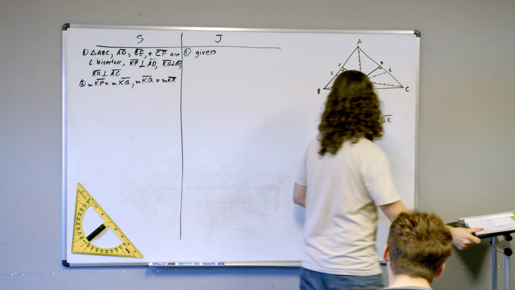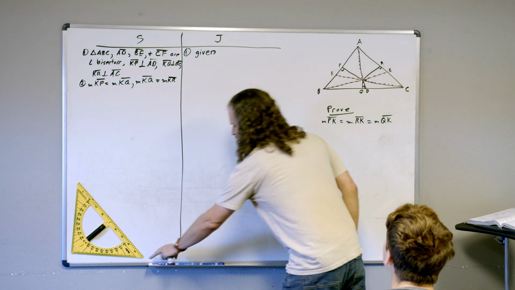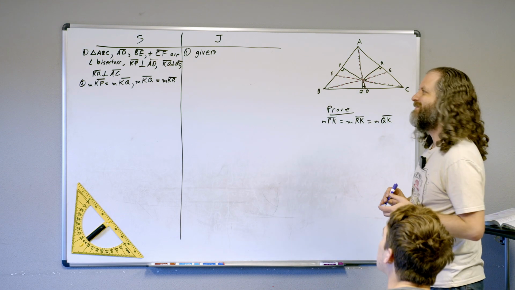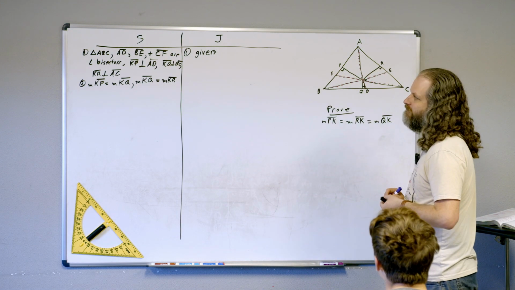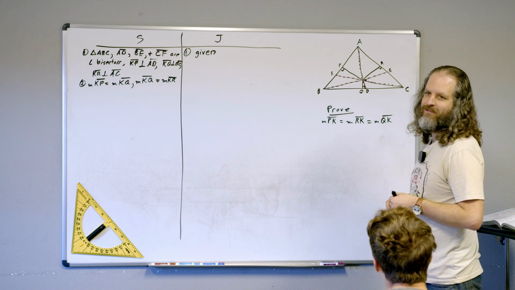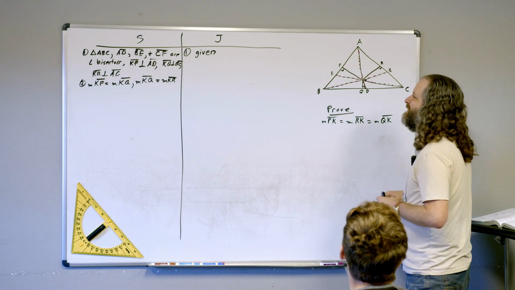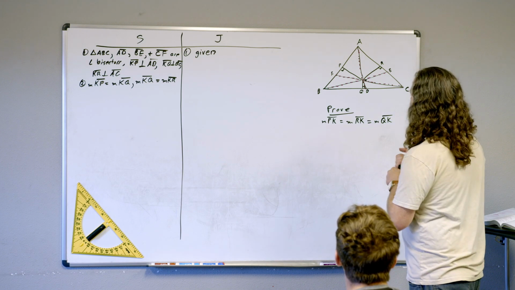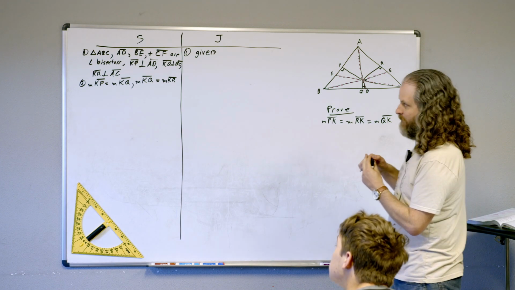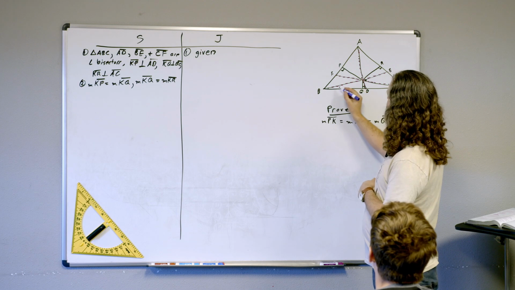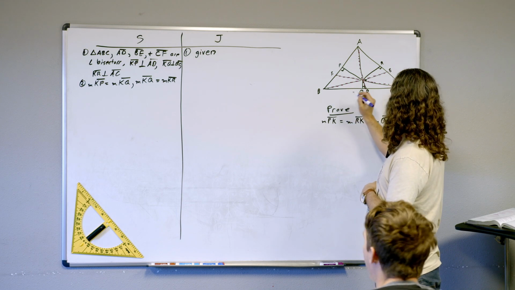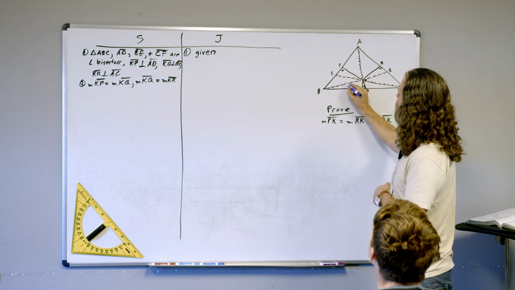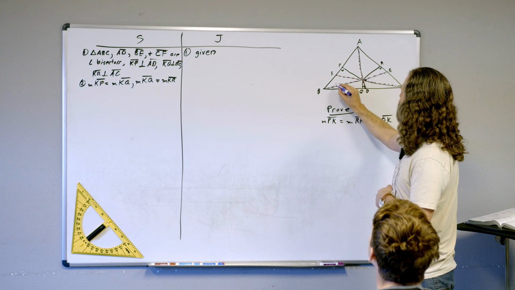Did we just prove this? Not quite. We said them separately, so we've got to say them together. So the first statement, KP and KQ, come from this angle bisector right here.